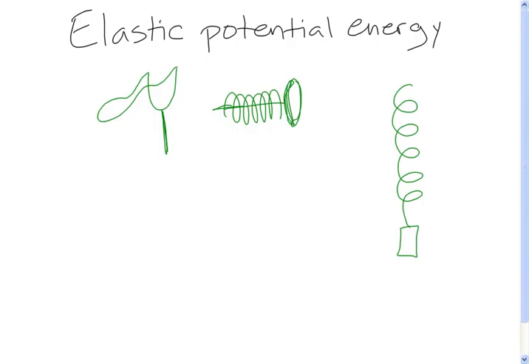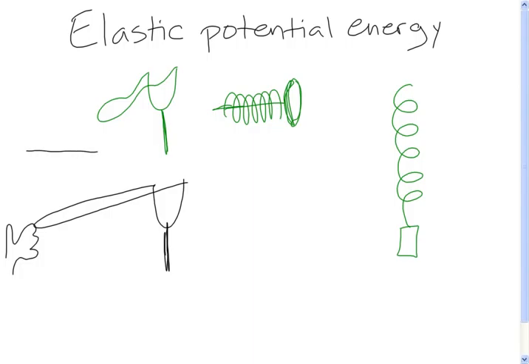And in each case, we see the familiar pattern where a force in the same direction as an external force is in the same direction as the displacement of the system object. Here's the displacement for the slingshot, and here's the external force. That's positive work, producing an increase in elastic potential energy.